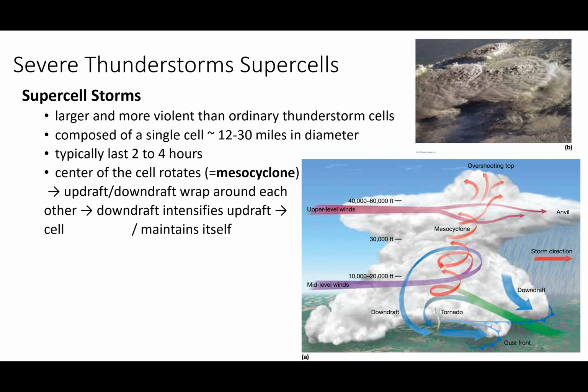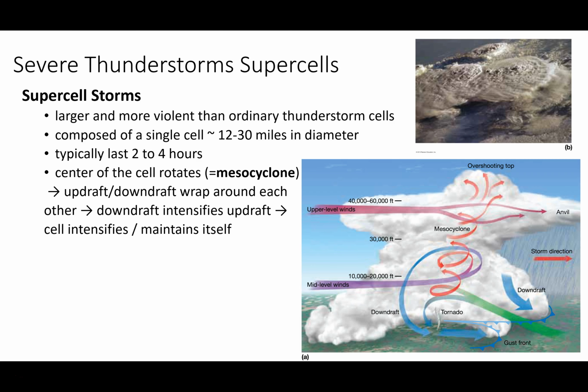The thing about a mesocyclone is that it wraps and intensifies. That little churning takes our updraft, which is bringing in more moist air, and our downdraft created by the precipitation, and it basically makes them twisted.